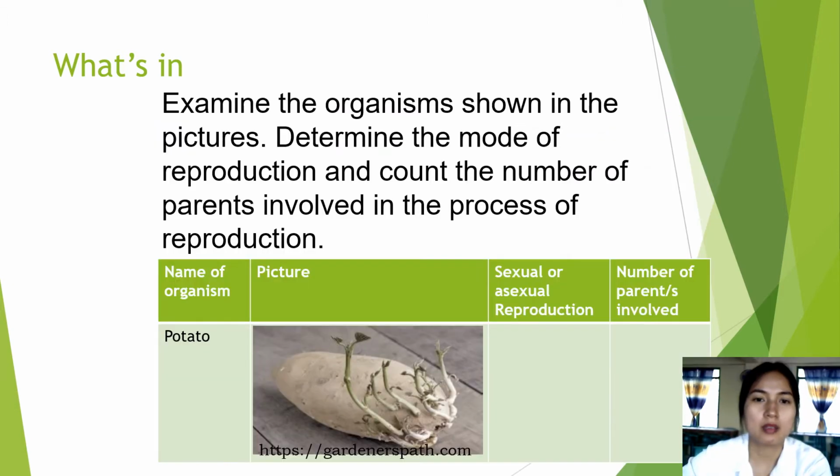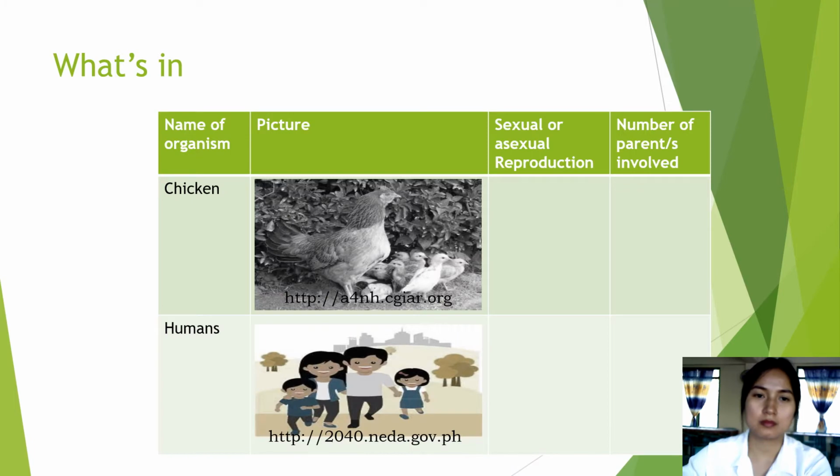Are you ready for your answer? Okay, let's have the potato. What's your answer? The correct answer is asexual. And the number of parents involved, we have 1. Very good. Next one, we have chicken.